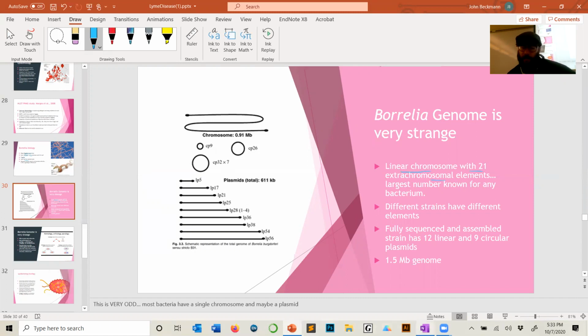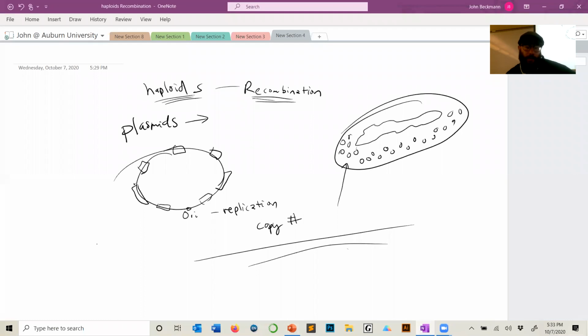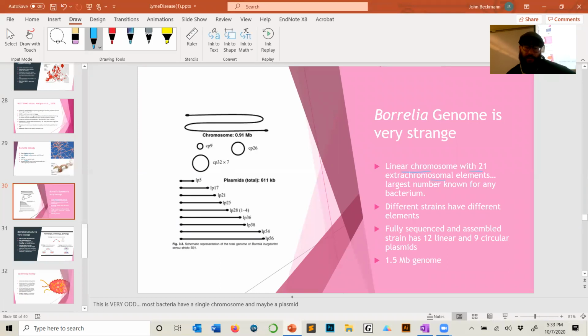If you think about E. coli, there's essentially one chromosome and then maybe some plasmids. Borrelia does not look like that. It's a very strange creature, and you could maybe say this is a fragmented genome. It's got different chromosomes, and different circular plasmid things.